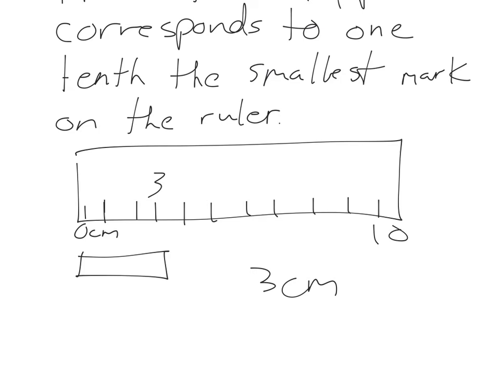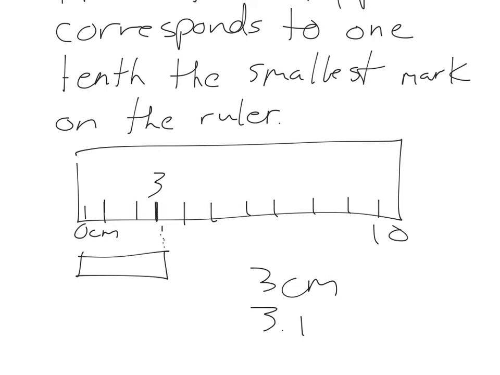I agree that it almost lines up with the third line there, but that's definite. Anybody can be definite. You can be just a little bit more. If I put a little dotted line there, I see that the end of that object is just past the 3. You can estimate that that's, I don't know, 0.1 or 0.2. 3.1 is a much better answer. It's 10 times better, actually, if you divide it by 10, right? The tenths place is 10 times more precise than the ones place. Okay? So always do that.